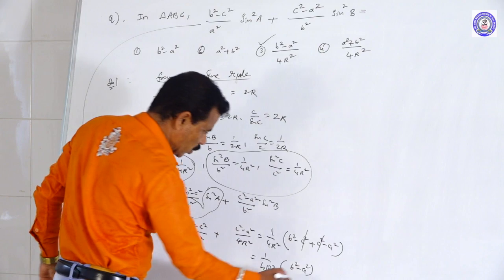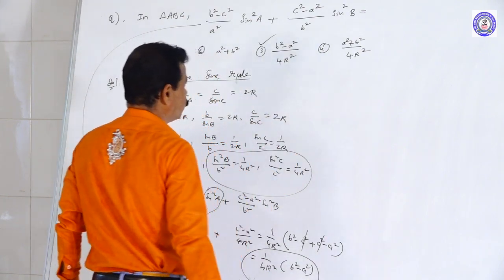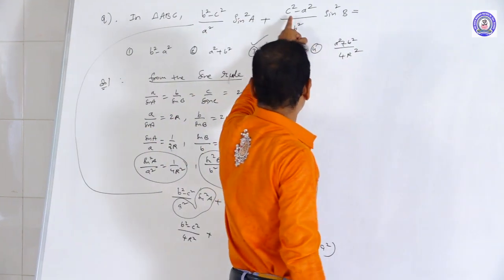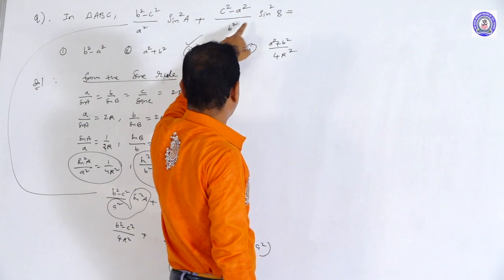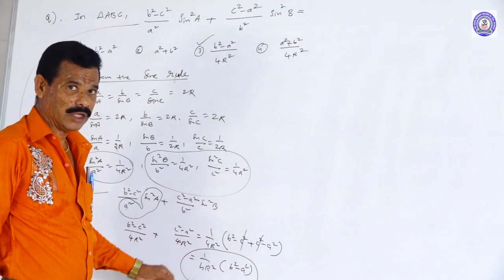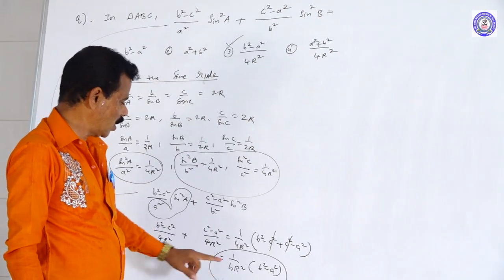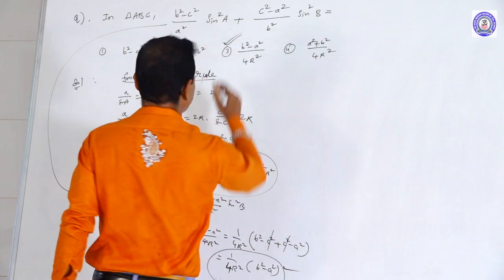So here the suitable answer is 1/4R² (b² minus a²). After this continuation, instead of that, (a² minus b²)/c² is sin²C coming, this value. But according to the options, the third option is the right answer.